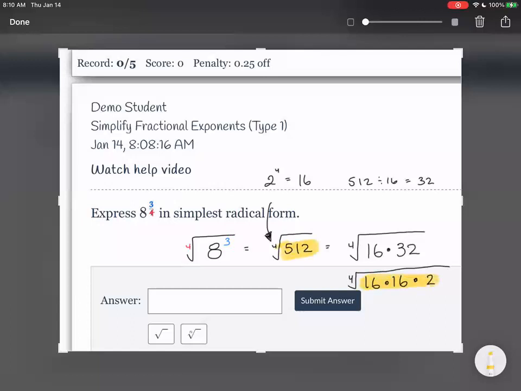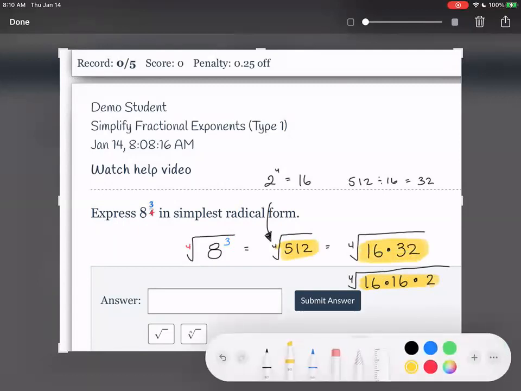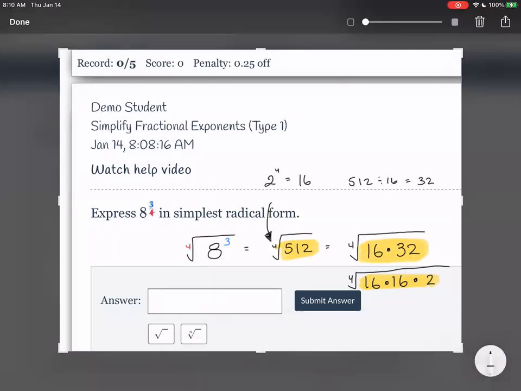So 512 is the same thing as 16 times 32, and then I just rewrote 16 times 32 as 16 times 16 times 2. Okay, and so maybe some of you might be wondering how that happened, but let me pause the video because I see a question. I need to read it.